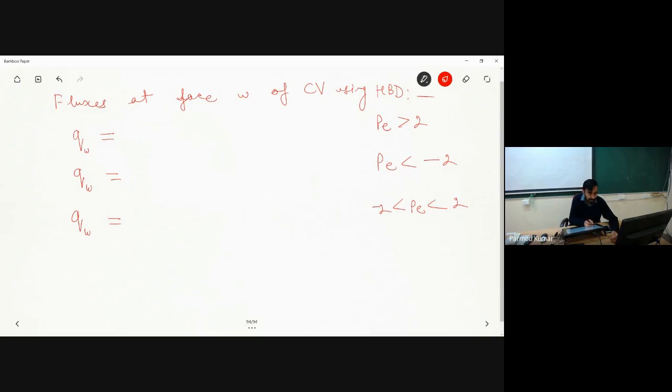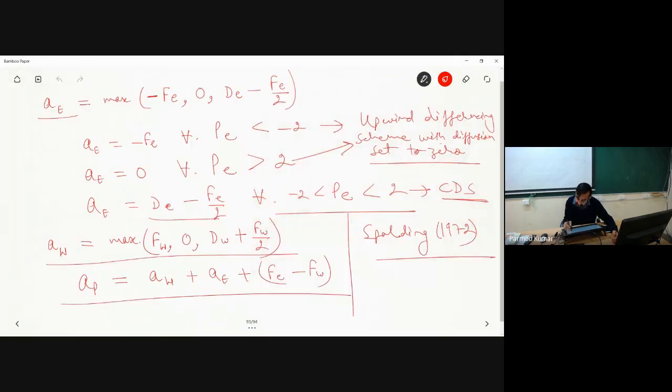So what is the general formulation of flux? Just now we have seen that it is nothing but FW phi W minus gamma W into d phi by dx at W. I have told you that this hybrid differencing scheme is nothing but the upwind differencing scheme when diffusion is set to 0.